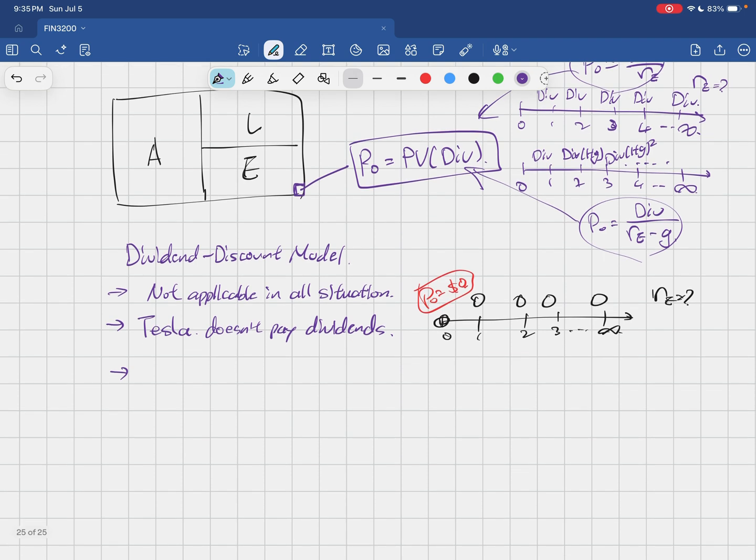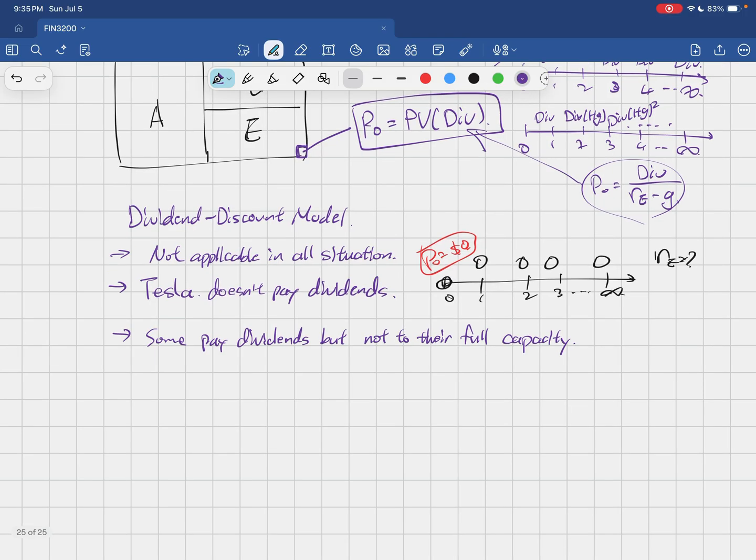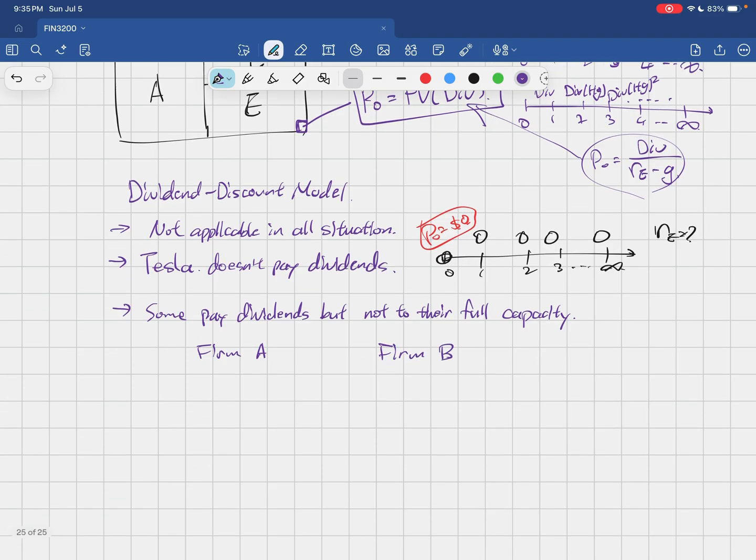Another example is some firms pay dividends but not to their full capacity. Let me give you an example. Suppose that there are two firms, firm A and firm B. We'll say these are identical firms.